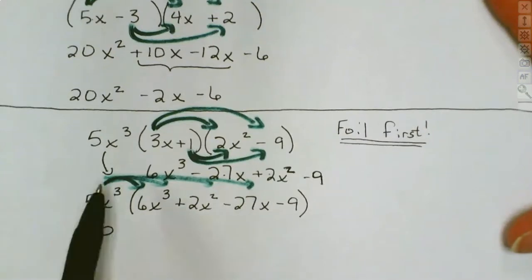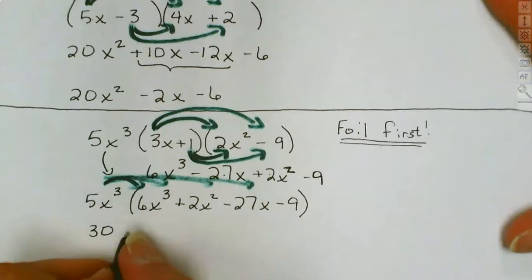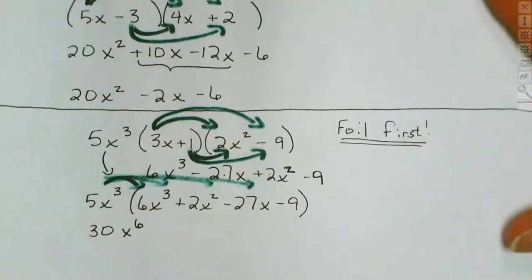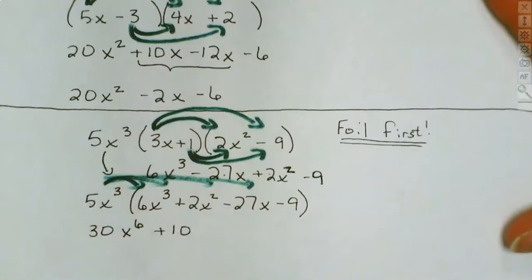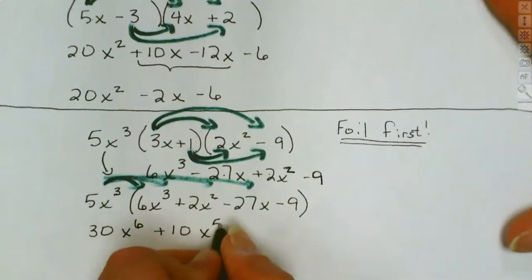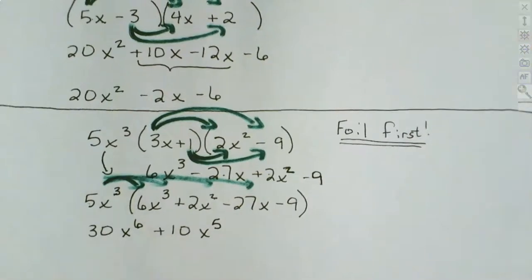How many x's do we have? 3. 3 more makes it x to the 6th. 5 times 2 is 10. X cubed, and 2 more make it x to the 5th. 5 times a negative 27, we know that's going to be a negative, and I think that's negative 135.